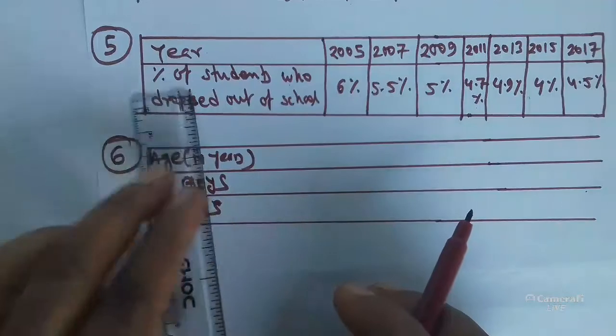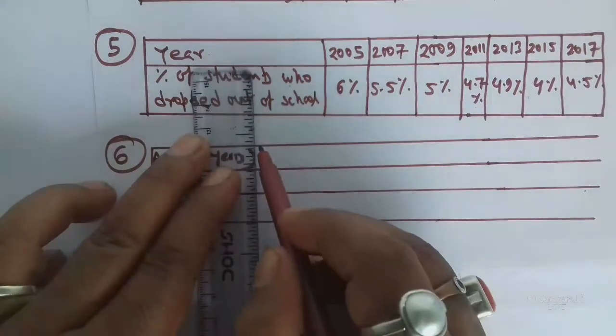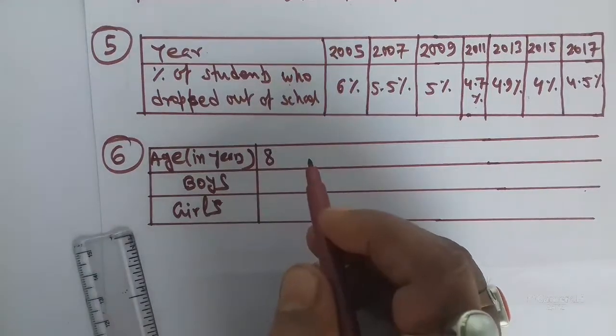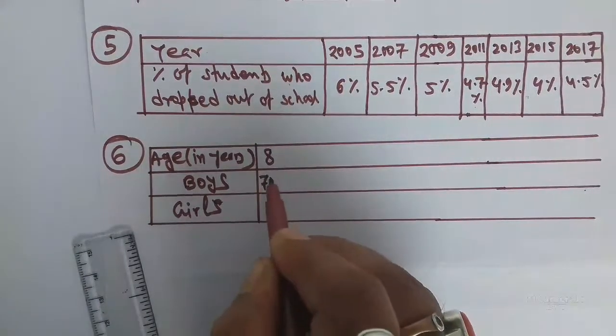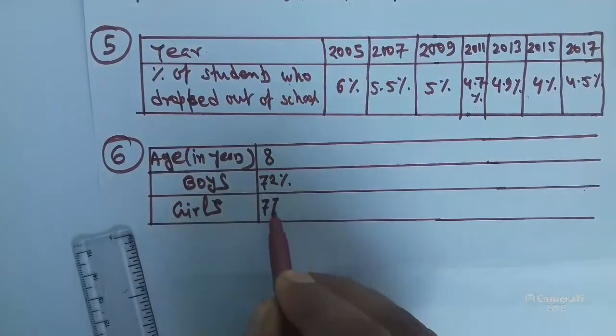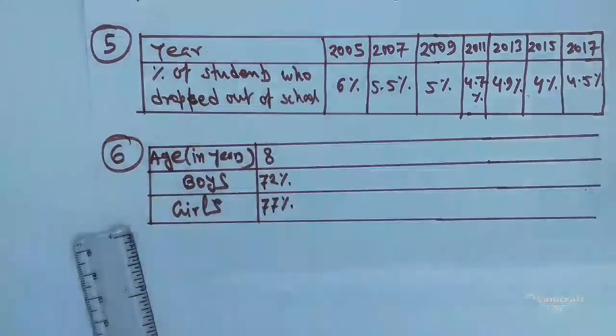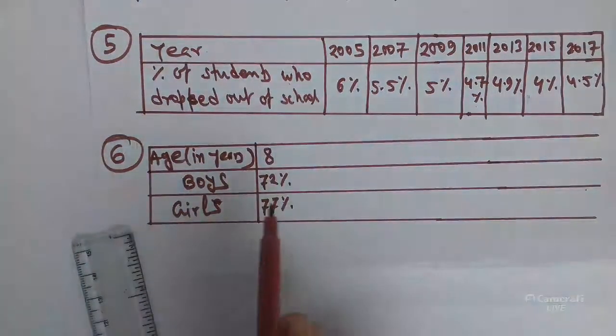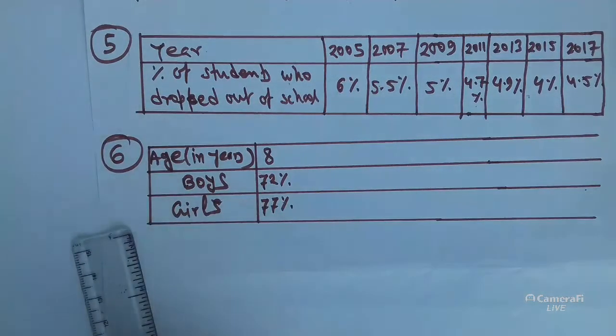So at the age of 8, the boys percentage is 72% and girls percentage 77%. This is the percentage given for growth in height. At the age of 8, the growth of boys is 72% and girls is 77%.